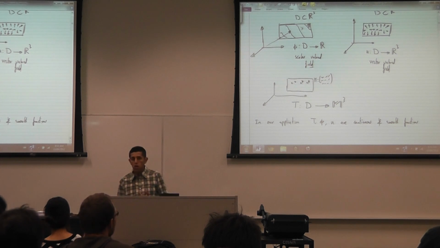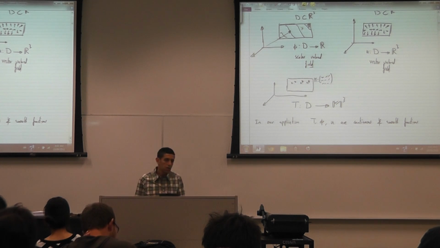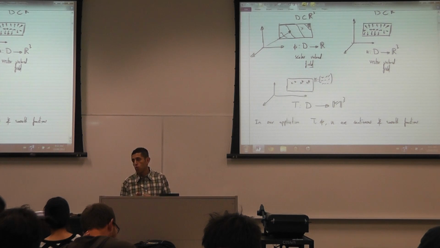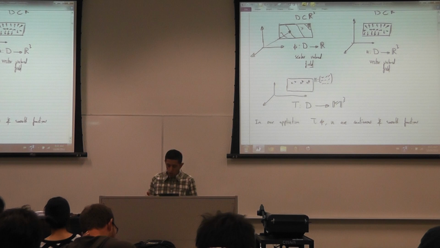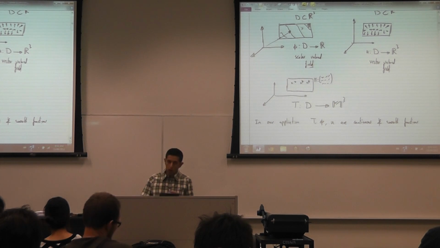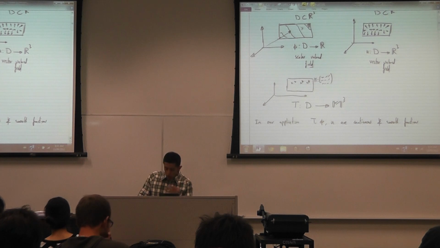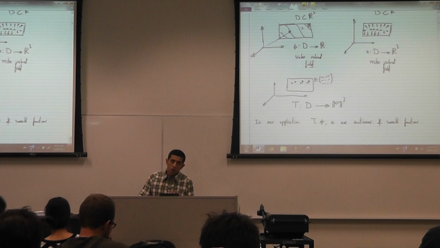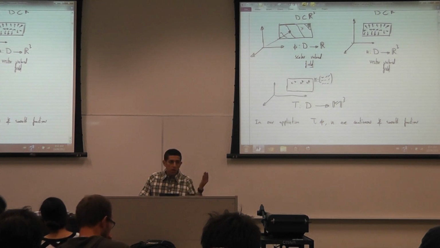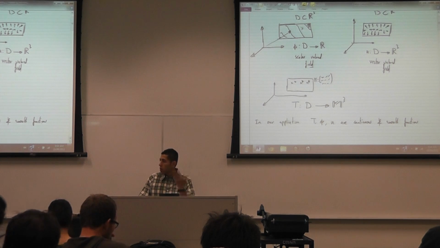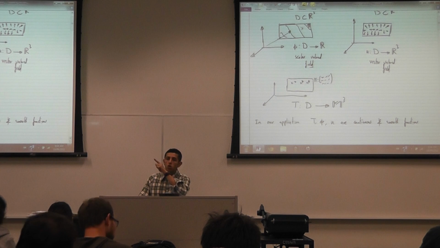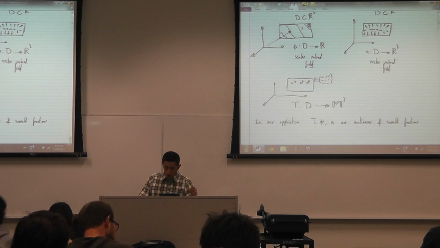I will not define smoothness or continuity because it's a huge definition just to say what a continuous function is, especially when you go to higher dimensions. But you just have to visualize it. If you imagine that it's in one dimension, the distribution of whatever the stress or the temperature or anything is a smooth function.